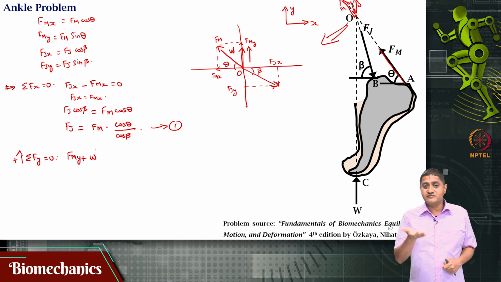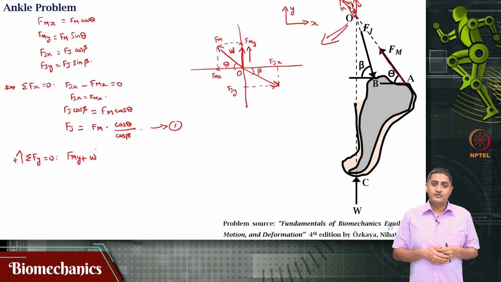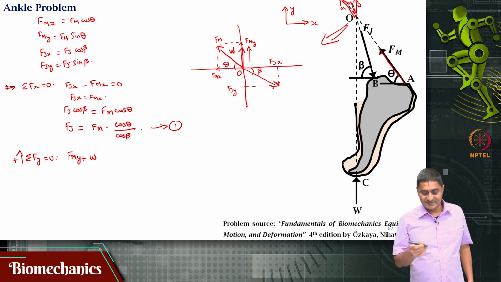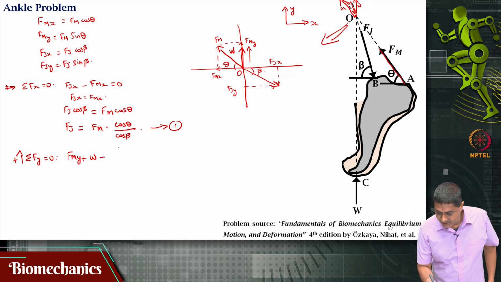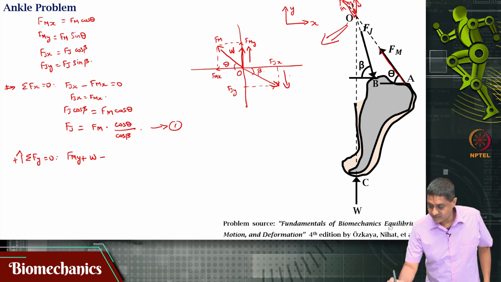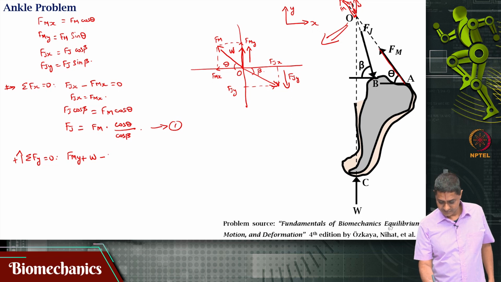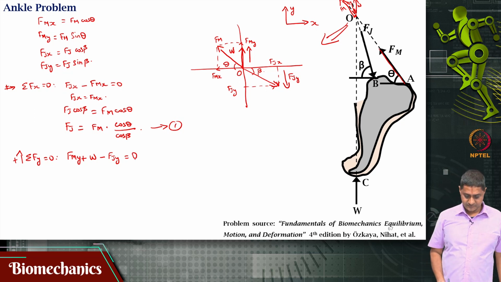The ground reaction force, because the whole system is in static equilibrium, is acting in the positive y direction, because of which we have plus W minus Fjy, that is that force, is it not? Fjy force. The direction is negative. Okay.